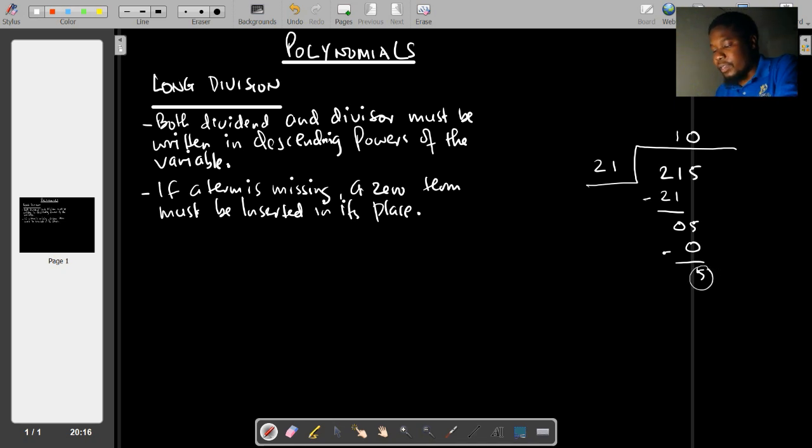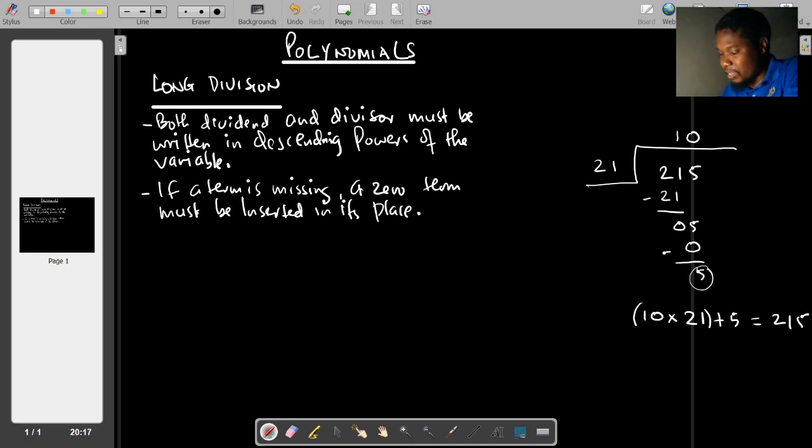And after you do the calculation, what you also notice is that if you multiply your answer, which is normally called the quotient, with the divisor, 21, and then you add the remainder to the result from the multiplication, you should end up getting the dividend, the number that you began with.